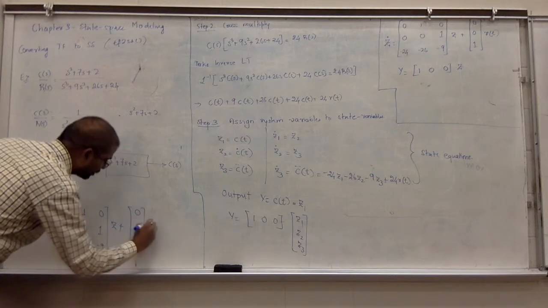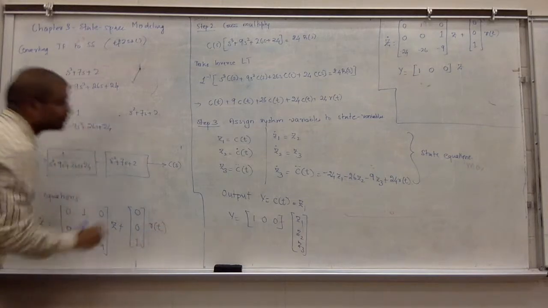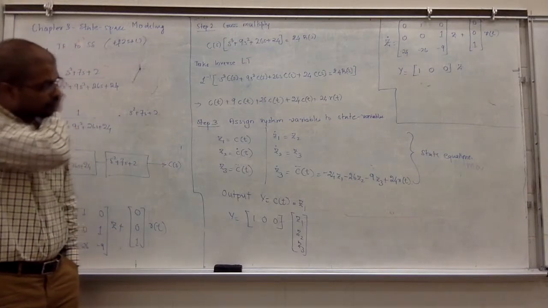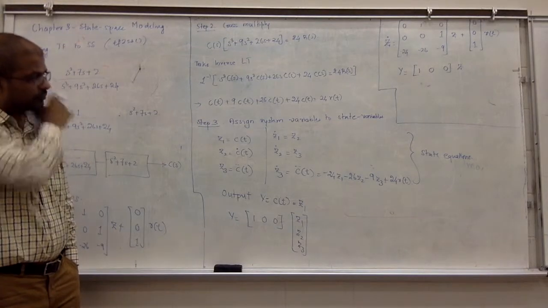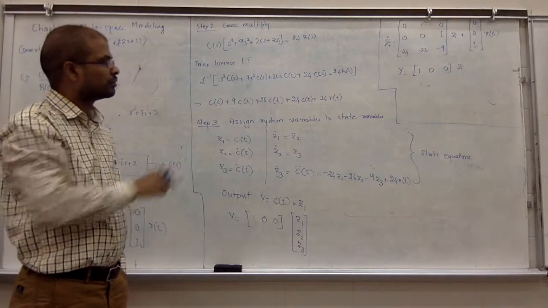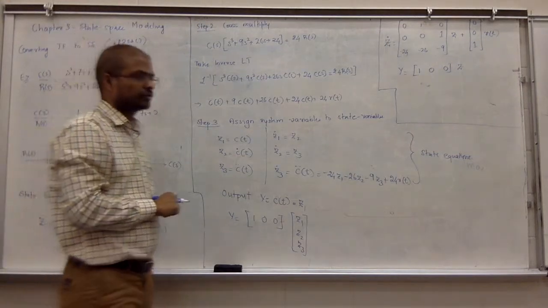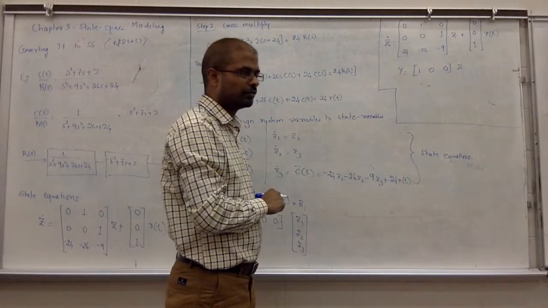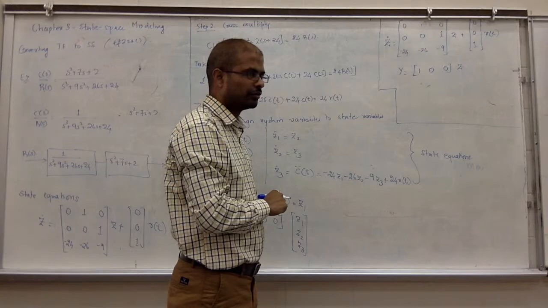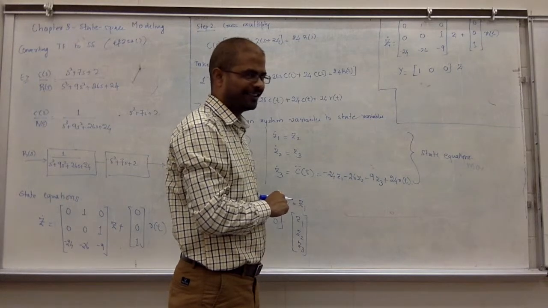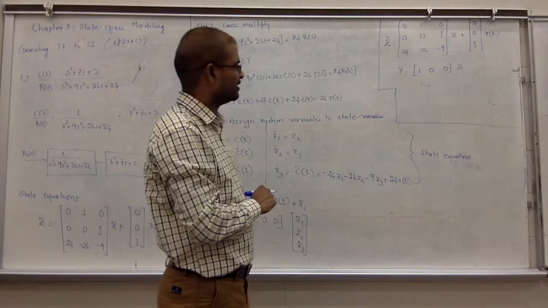Actually, there was a mistake there. Did you guys realize that? Was there a mistake there? With which one? Which part? Tiffany? Did you see it? The first row is 1, 0, 0.